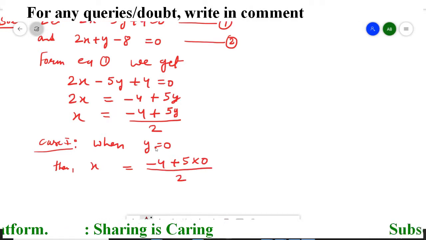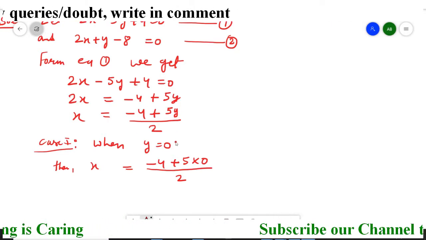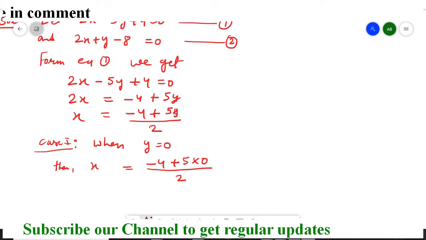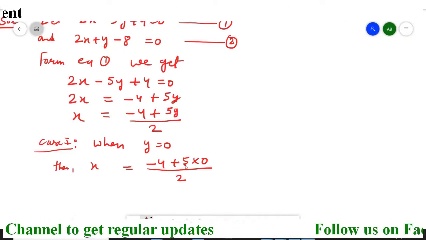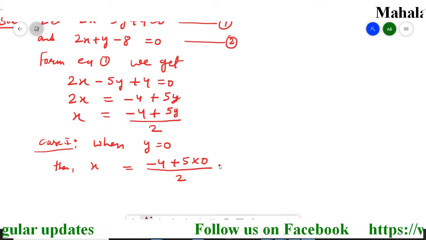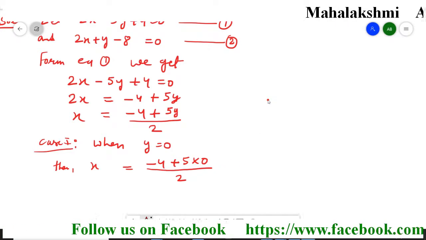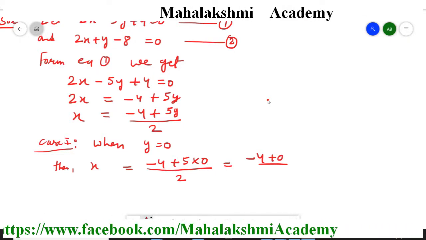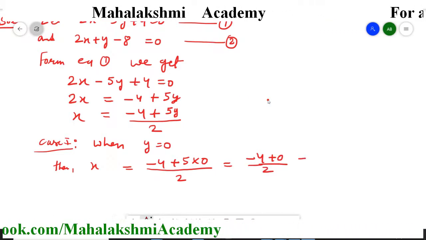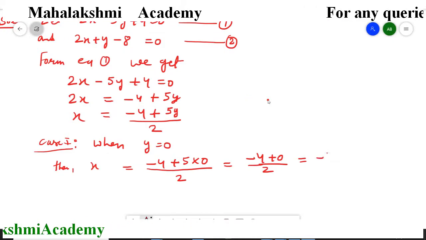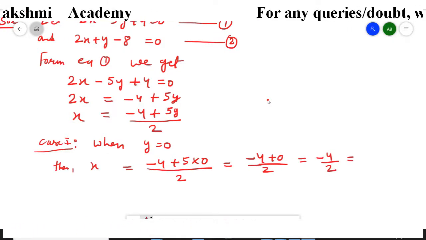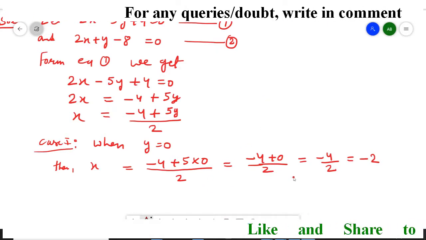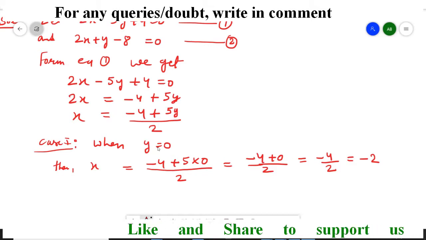There is no symbol, meaning they are in multiplication. 5 into 0 is 0, so we get minus 4 plus 0 upon 2, that is minus 4 upon 2, which is minus 2. So the pair of coordinates is x is minus 2 and y is 0.